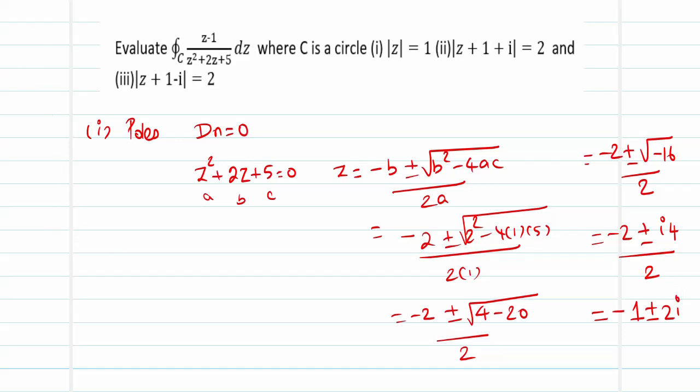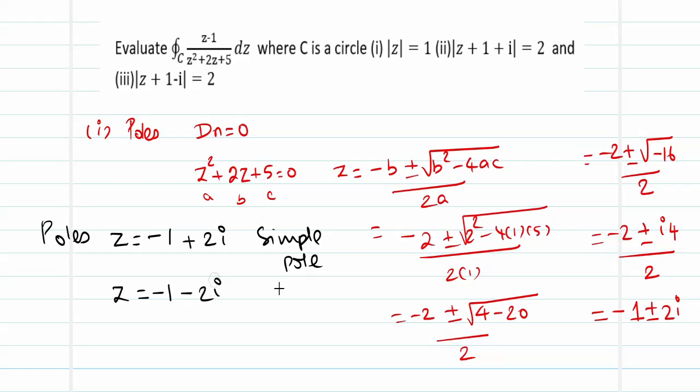Hence, my poles are z equal to minus 1 plus 2i, which is going to be a simple pole. And the next one is z equal to minus 1 minus 2i, which is again a simple pole.